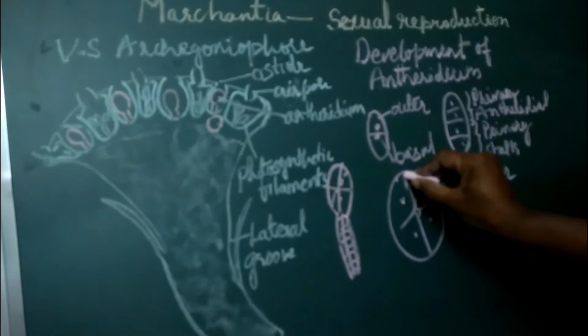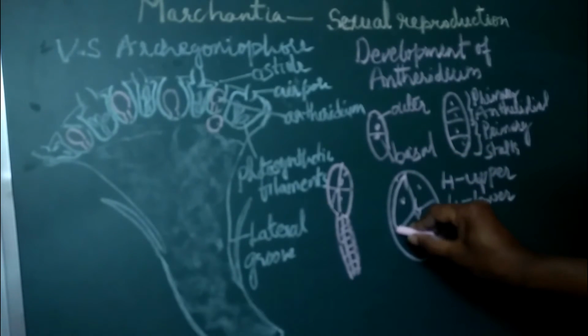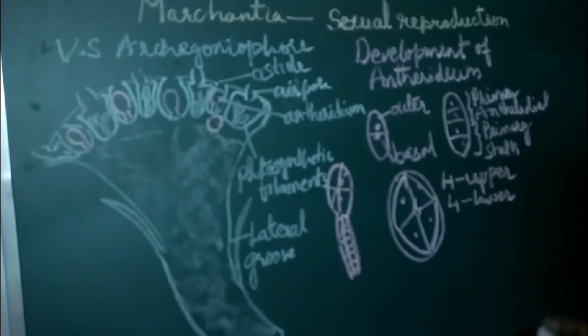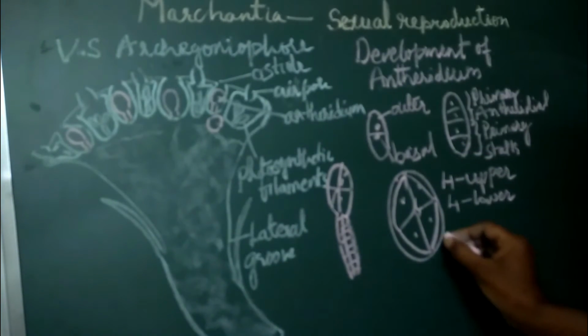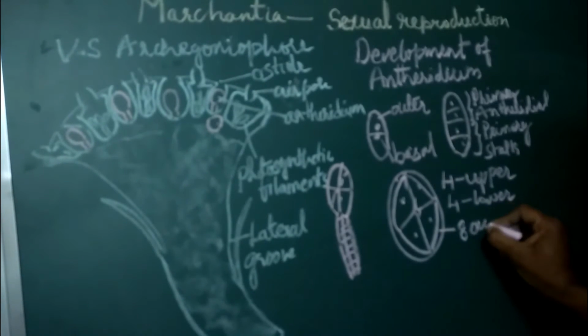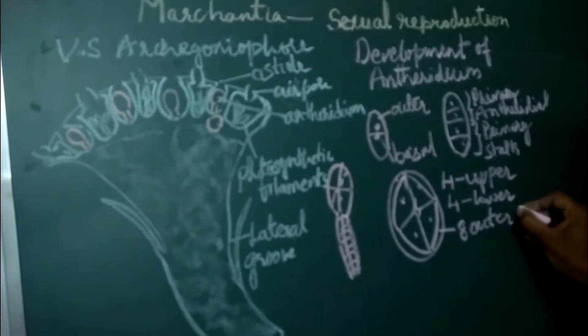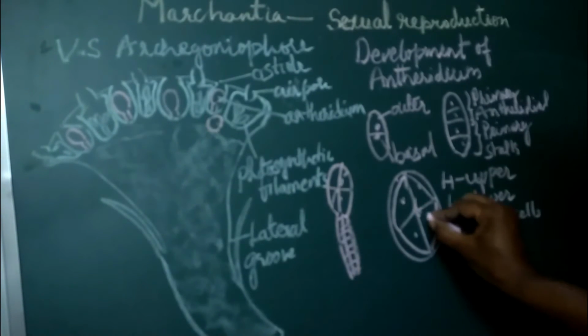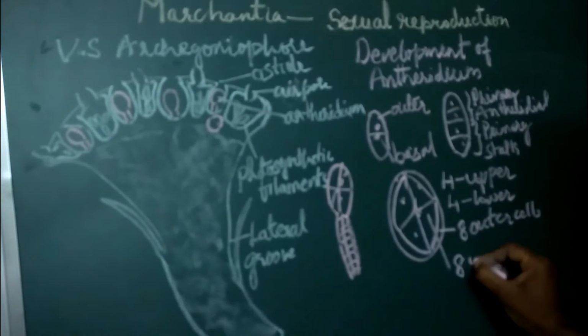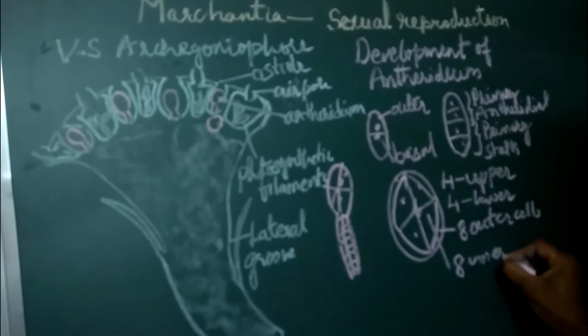All the 8 cells now divide by a periclinal wall, resulting in the formation of 8 outer cells and a mass of 8 cells in the center, the 8 inner cells.